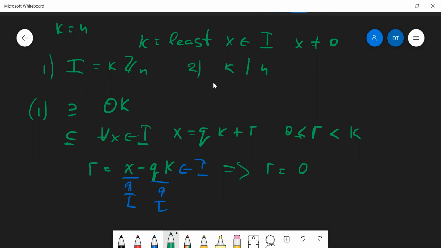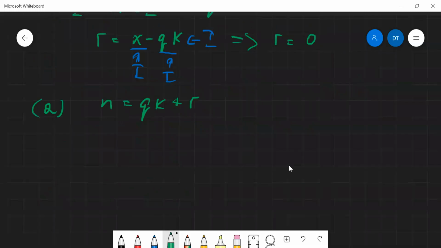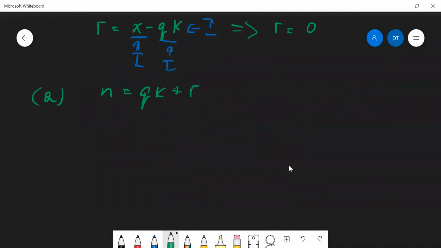Now we want to show that k divides n. Here's the trick. Let's take n and divide it by k with the remainder, n equals qk plus r.